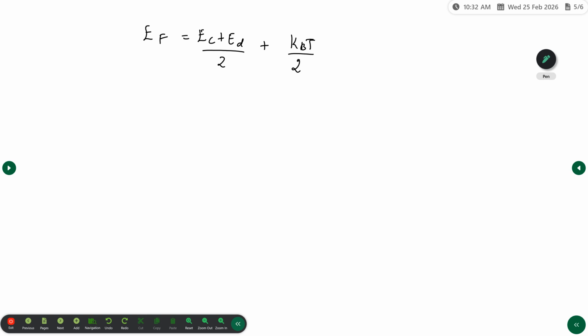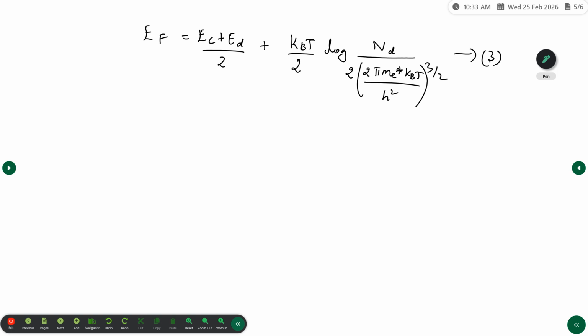So kBT by 2 log of the same term, 2 into 2 pi, power 3 by 2. So this gives the value of EF. So put this as equation number 3. All the terms are there? Okay, right. So EF is equal to this value.